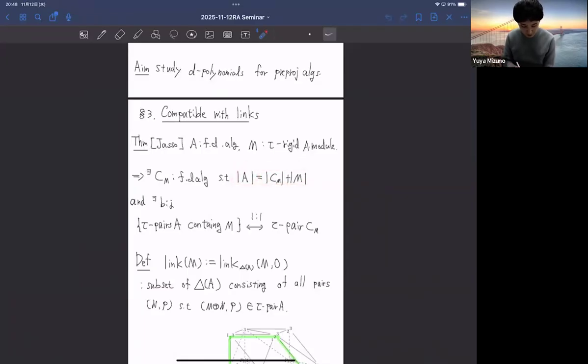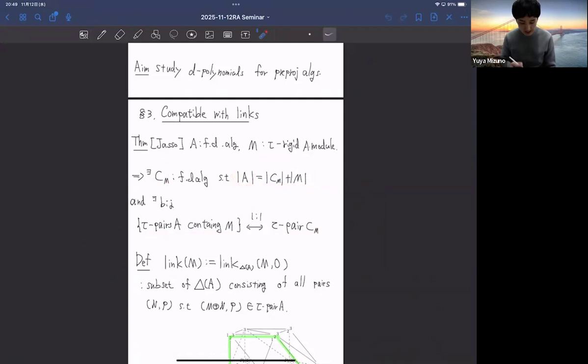And we have a bijection between the tau-rigid pairs containing M and the tau-rigid pairs of C_M. So what does it mean? This condition means this finite dimensional algebra is smaller than the original algebra A.